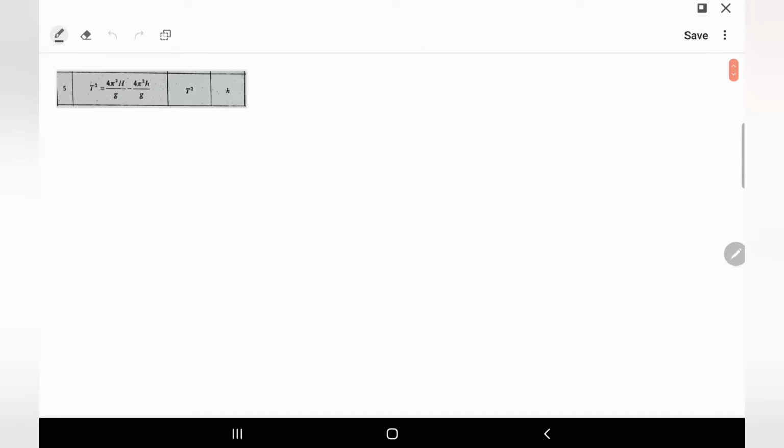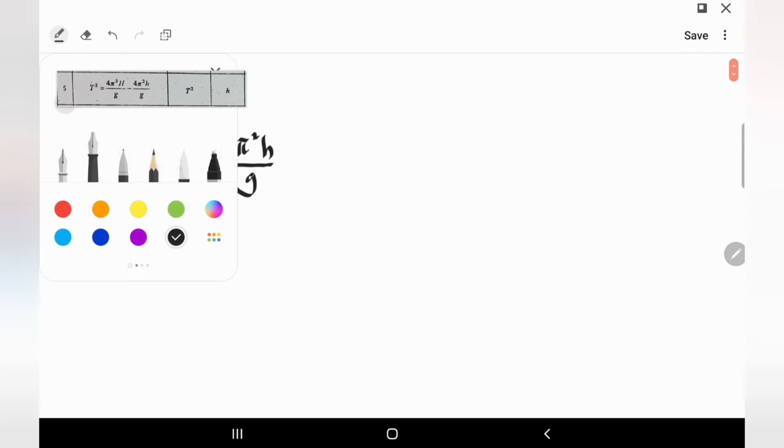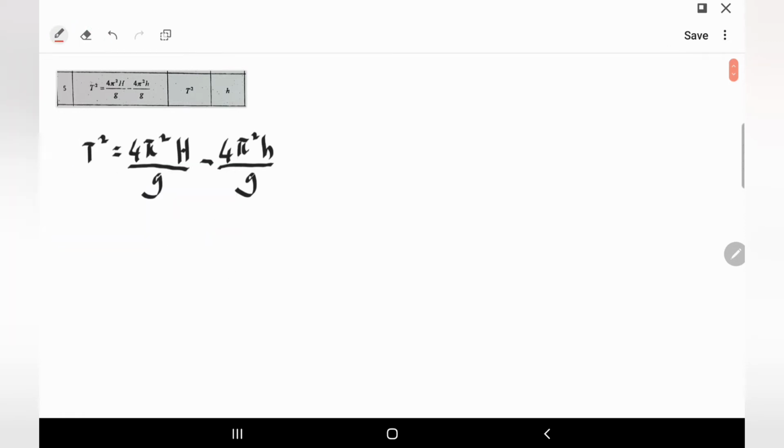The equation given now is t squared equals to 4 pi squared h over g minus 4 pi squared h over g. They ask you to sketch a graph of t squared against h.